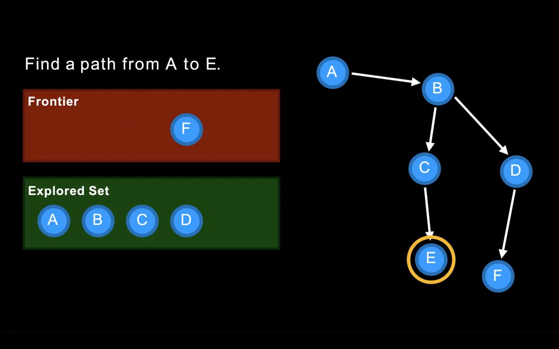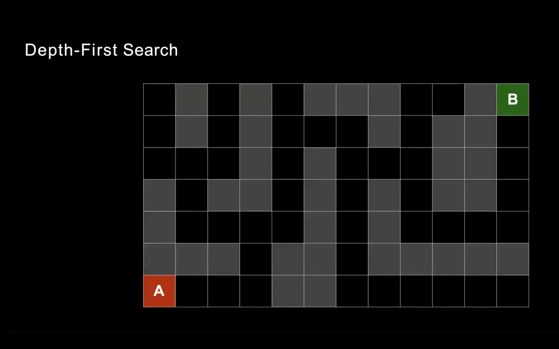Now what we have traversed is actually A, B, C, E. We have explored D, but we haven't traversed it because we had not reached the end of the branch of the A, B, C, E path, which now we have. Now that we have reached the end of this path, we move to the other side of B, go to D, and reach F.